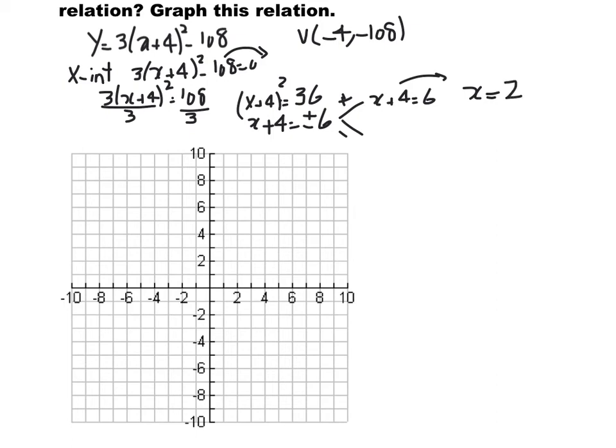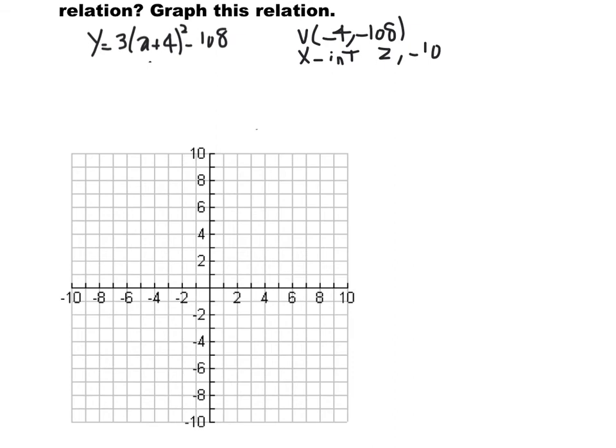The next one is x plus 4 is -6. If I move 4 to the right, it becomes negative, so -6 minus 4 is -10. So the x-intercepts are 2 and -10.